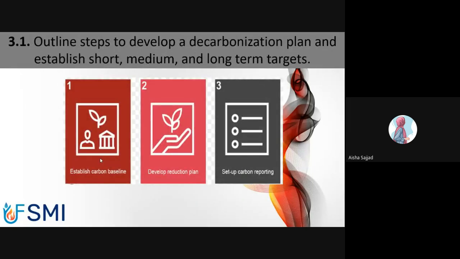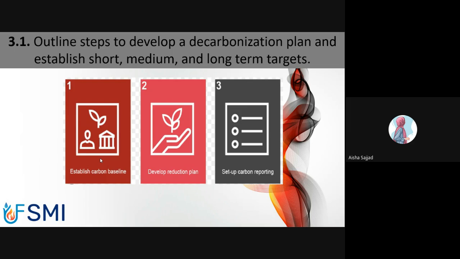The next assessment criteria talks about decarbonization plans. A decarbonization plan works by, first of all, an organization having to create a baseline for themselves, that this is the line after which I do not want to emit anymore.